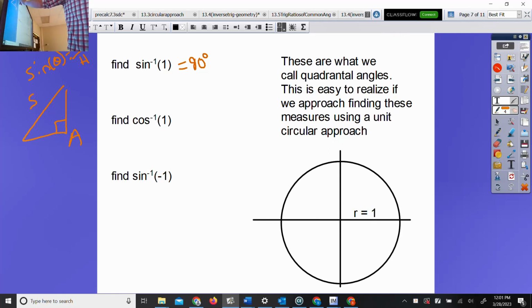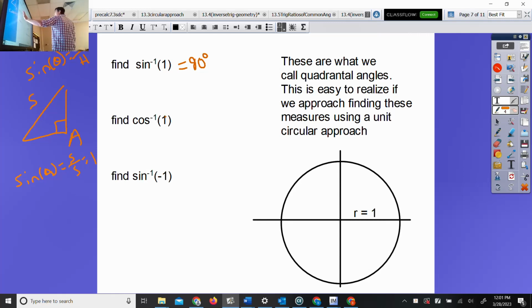If you're opposite, what's your length? What's opposite of angle A? 5. And that would sit over the hypotenuse, which also happens to be 5. That's why we're turning 90 degrees. Should. Dealing with the right angle.